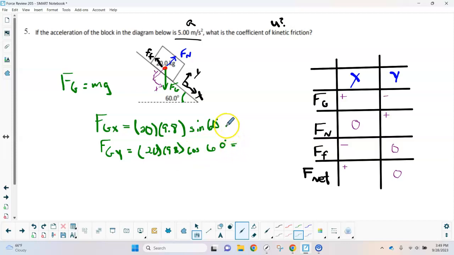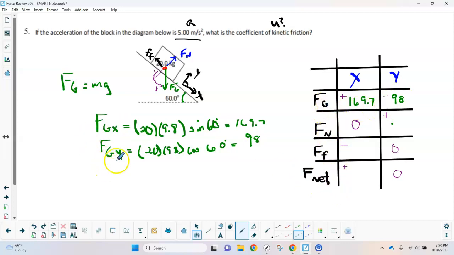If you go ahead and put those in your calculator, or if you're checking your work, for the sine one, for the x, that's 169.7. So that's going to go on the x here. And then in the y, it's going to be 98. So we fill in the gravity in the x and y.